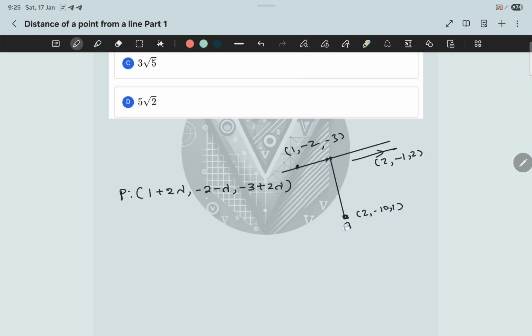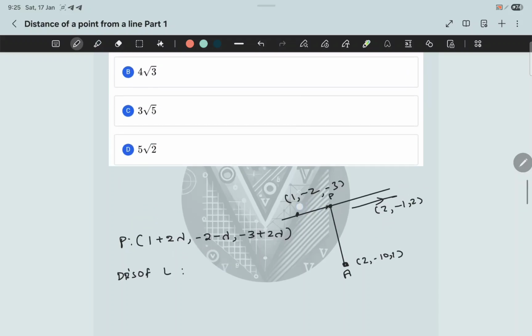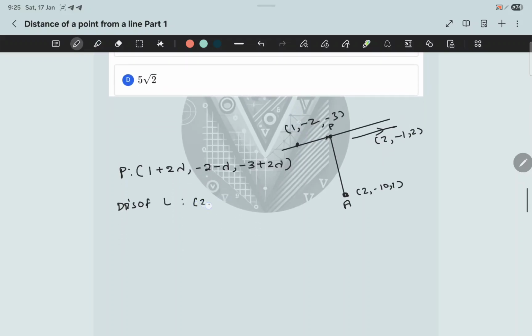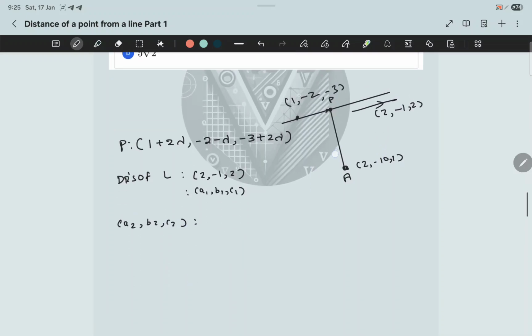So let us say this is point A, and this is point B. So the direction ratios of the given line L are nothing but 2, minus 1, 2. That means a1, b1, c1 are already given. Now how do you find a2, b2, c2? They are the direction ratios of the line AB.